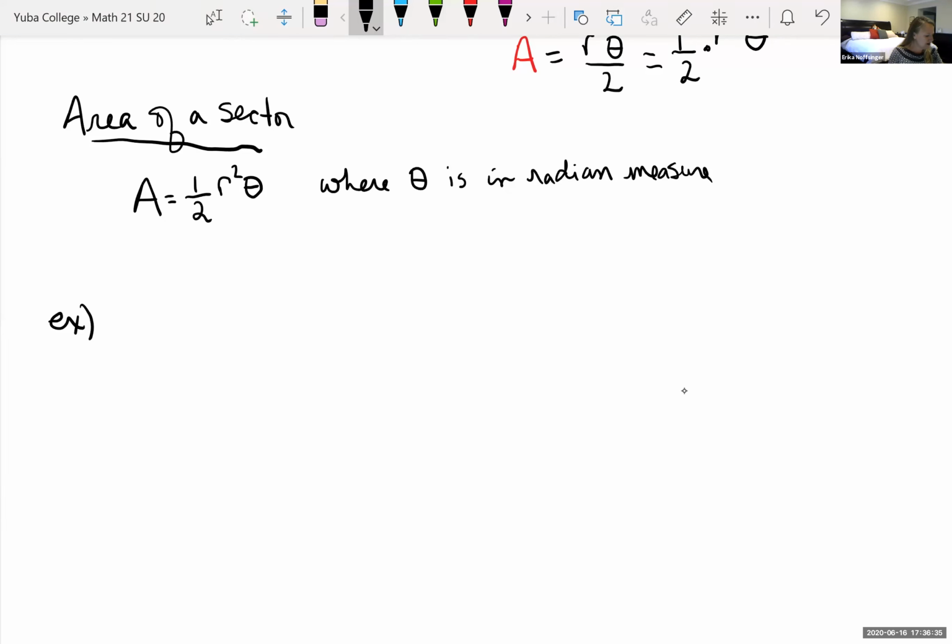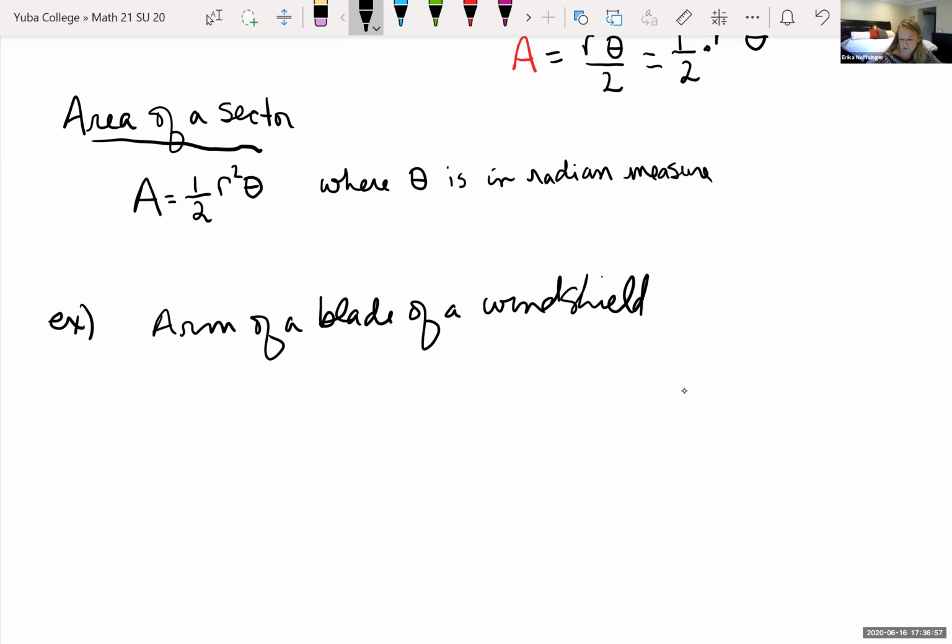And so we're given some information. So the arm of the blade of the windshield wiper has a total length of 30 inches.